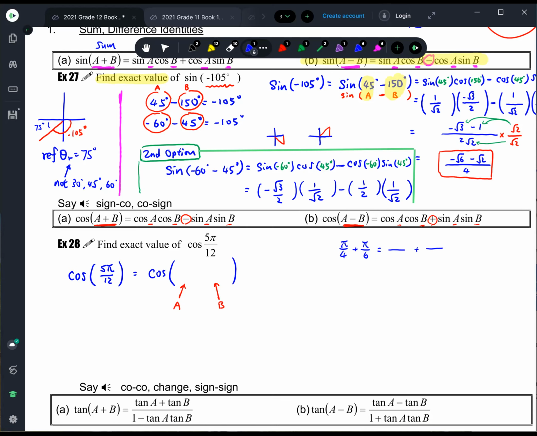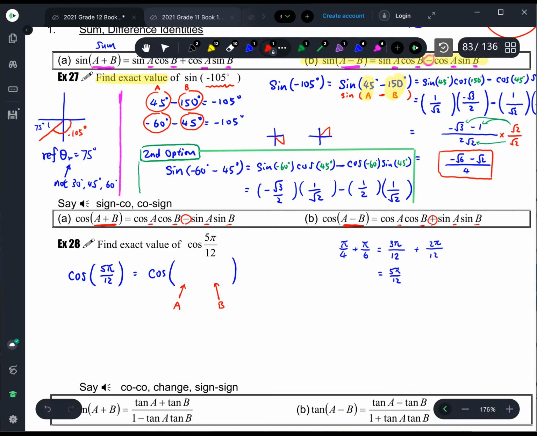Okay, so pi over 4 will become what over 12? 3 pi over 12 plus 2 pi over 12. And if you add them up, what does that give you? 5 pi over 12. And that's what we are looking for. 5 pi over 12 is the angle that we want to make. It's composed of pi over 4 and pi over 6.